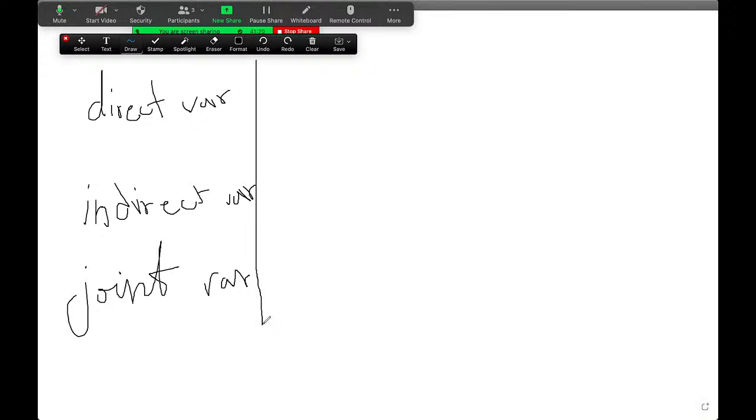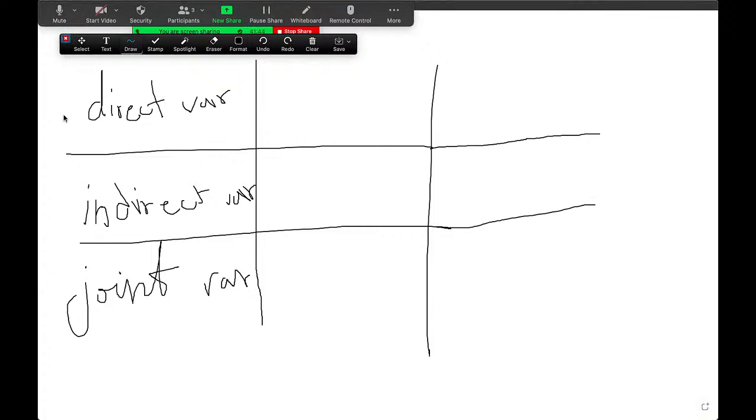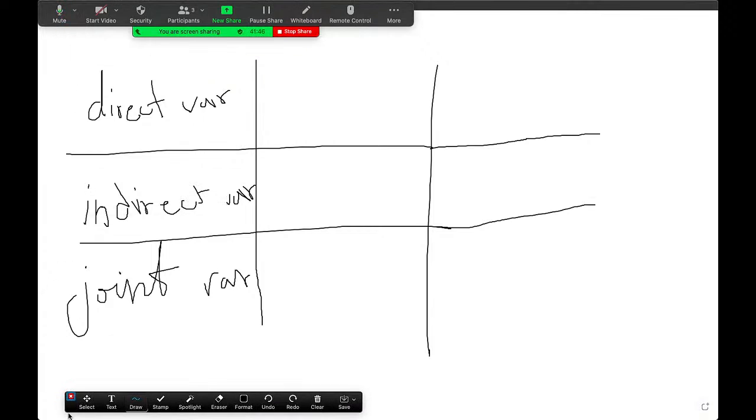So basically all of these are like this. So I'm just making another column. Okay, so this column is where the relationship goes.